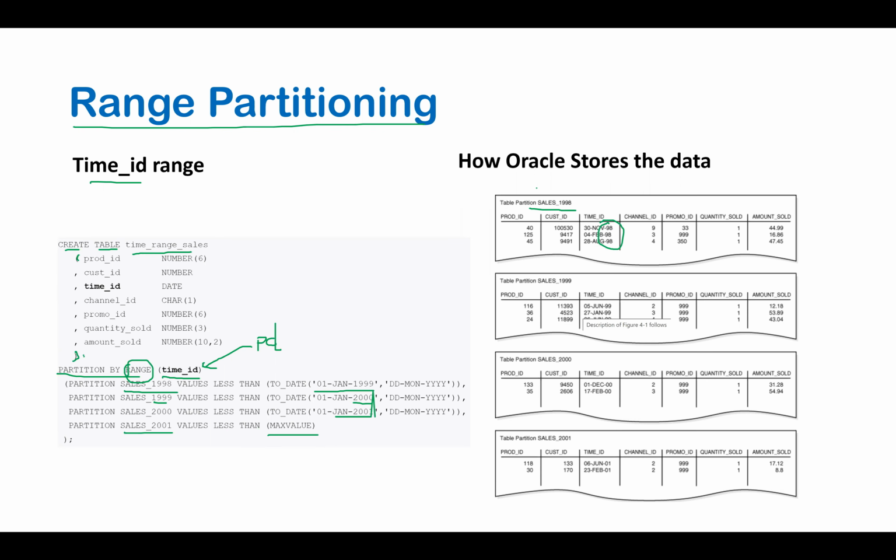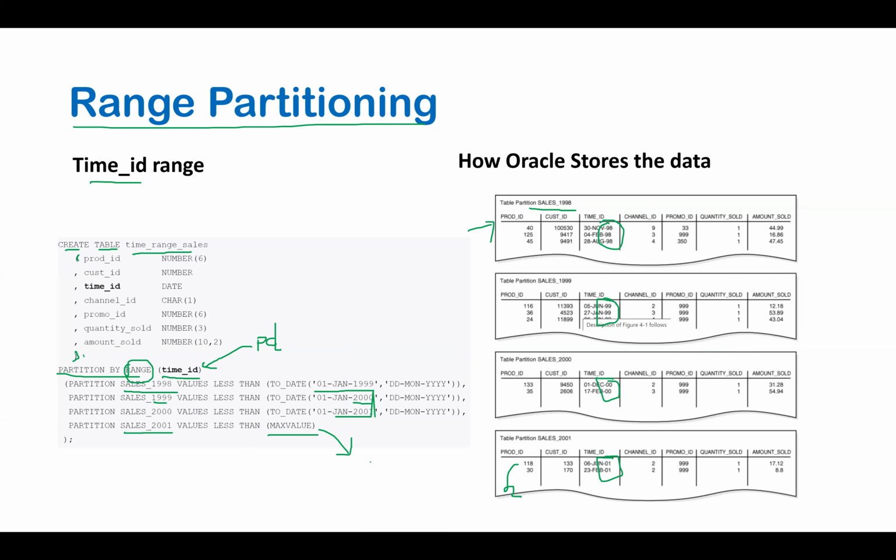Whenever you insert data for 1999, it will go to the second partition. 2000 will go to the third partition. Any other date will go to the last partition. So if you have any values of more than 2001, then all of this will go to one particular partition.